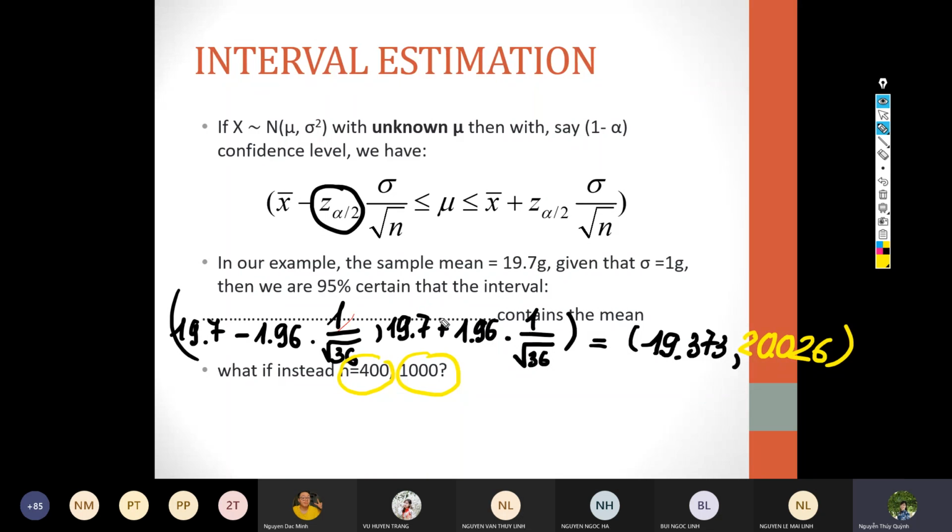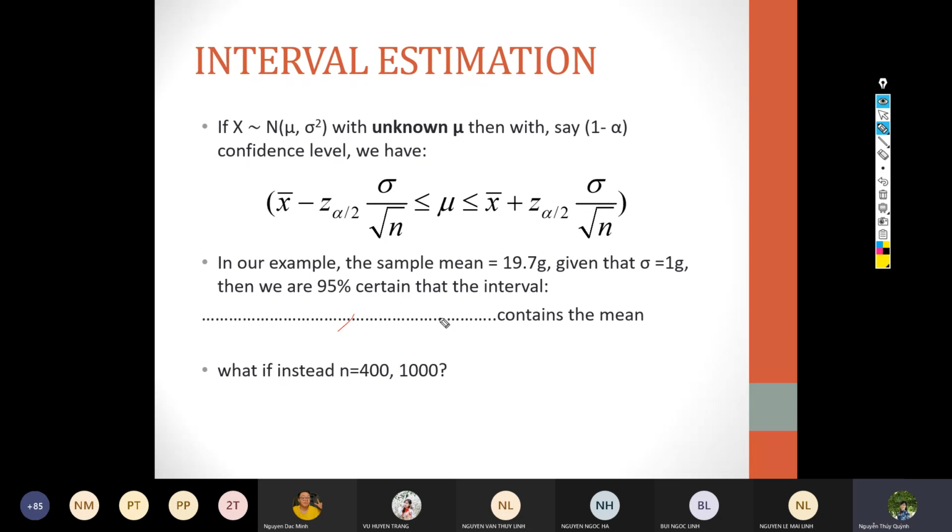So that is the importance of sample size. When sample size increases, our estimation becomes more reliable. We will get more information and get closer to the unknown parameter.